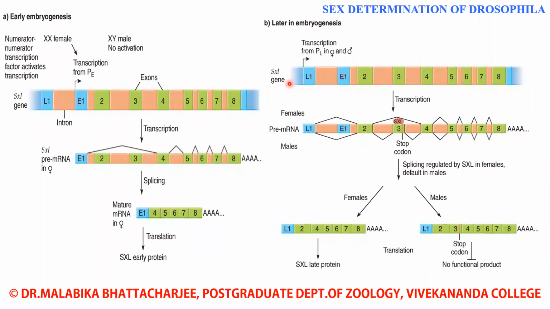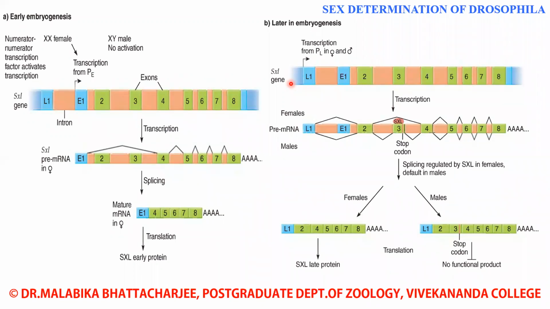So it is automatically transcribed in all cells, regardless of the X to A ratio. Whatever the X to A ratio be, this particular gene is transcribed. So you have to imagine that after gastrulation, this gene is activated and produces a product.